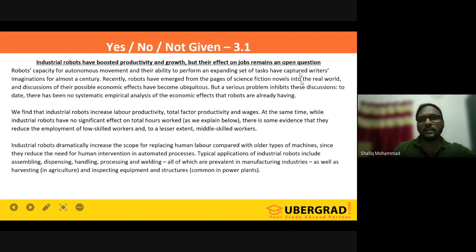It is given about the real world here: robots emerge from the pages of science fiction novels into the real world, but are they really taking over the real world? But a serious problem inhabits these discussions to date. There has been no systematic empirical analysis of the economic effects that robots are already having.